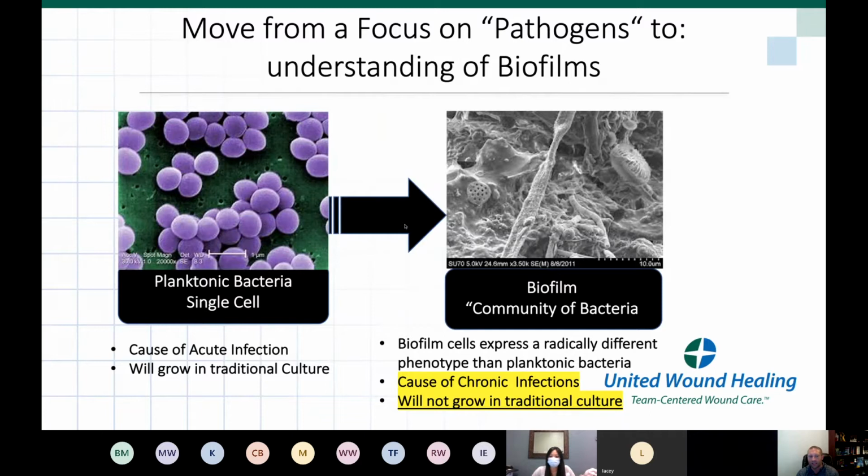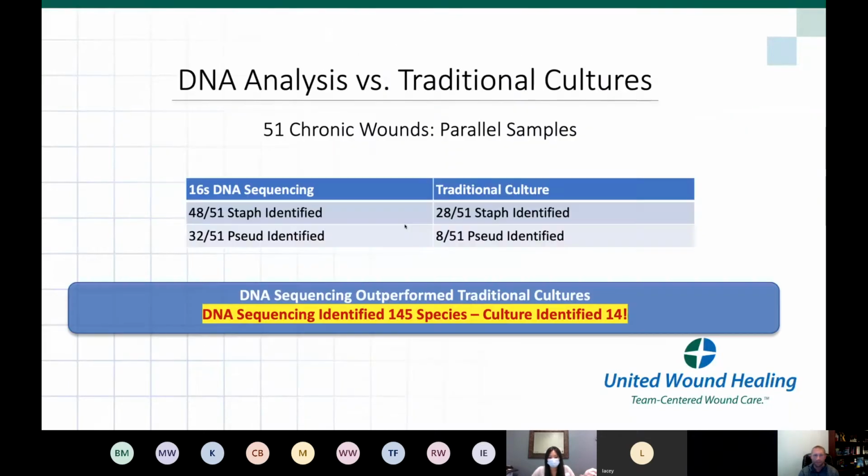We're not dealing with a single planktonic bacteria. A traditional culture is going to grow out the single planktonic bacteria. Biofilm is very different, and so we have a different test for biofilm. The things that are in chronic infections aren't necessarily what is growing in your swab when you check it.